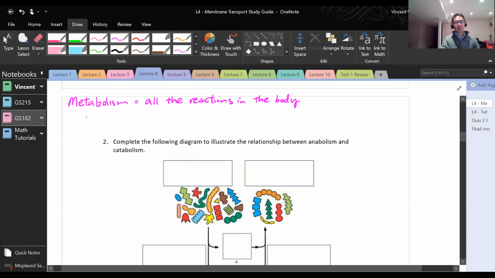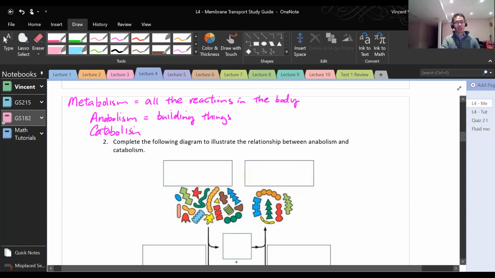Now there are two types of metabolism. There is anabolism. Anabolism in its simplest terms is basically building things, reactions that put things together, building molecules. The other one is catabolism.